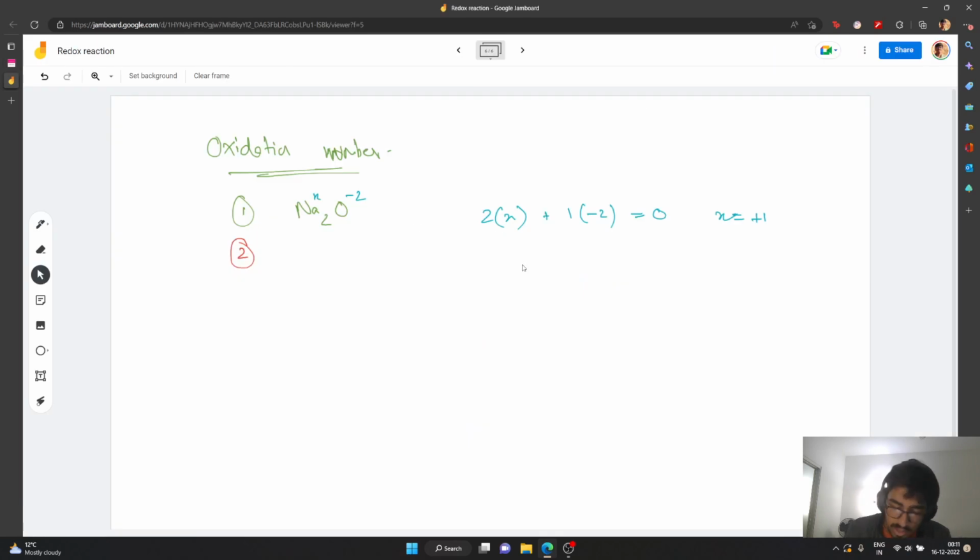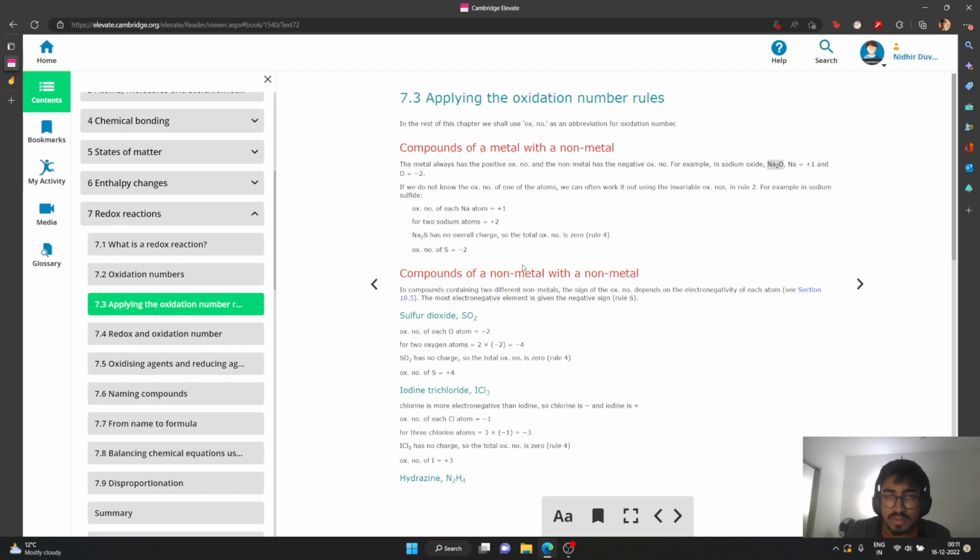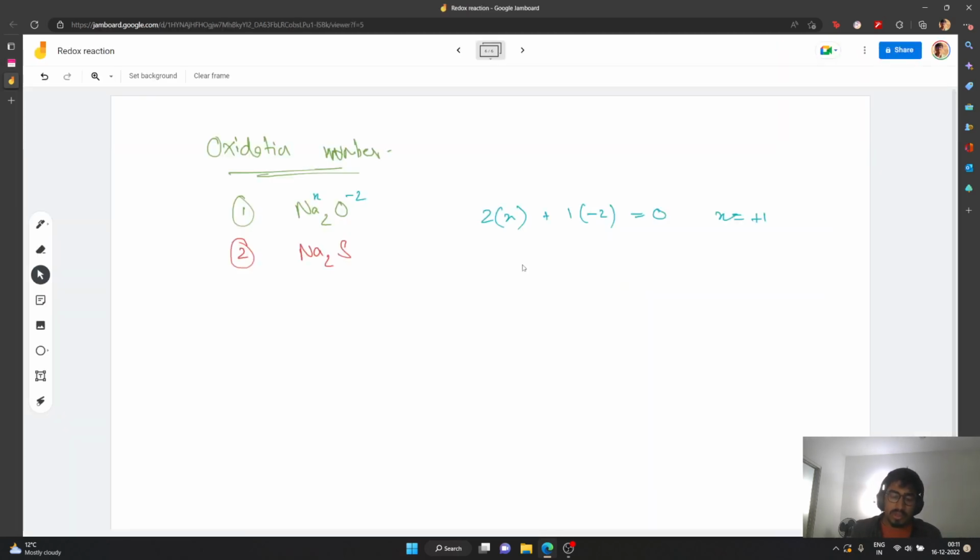Now let's look at Na2S. We'll follow your book. So in this case, how do we say which one is what? Okay. So in this case, let's say we don't know either, but one of them is a group 1 element, right?